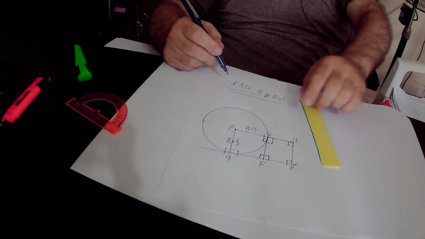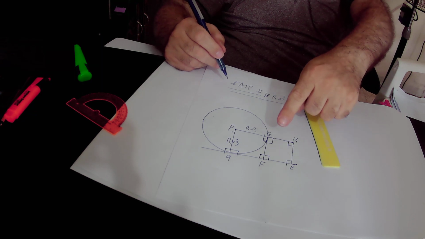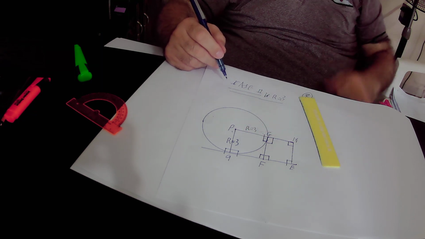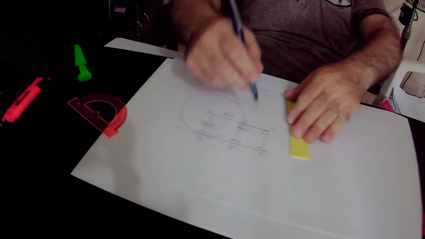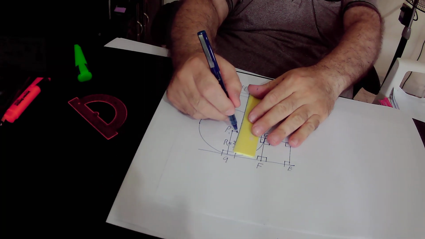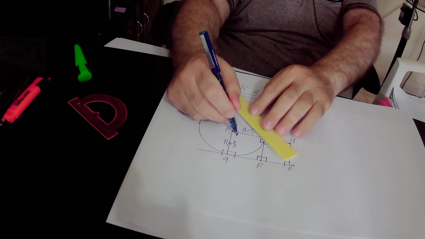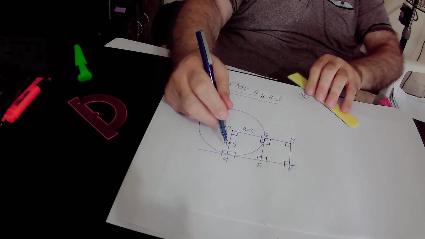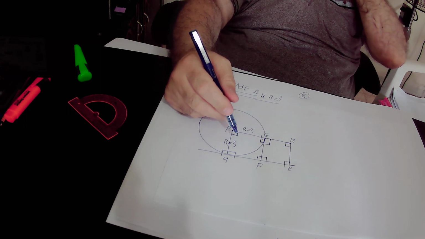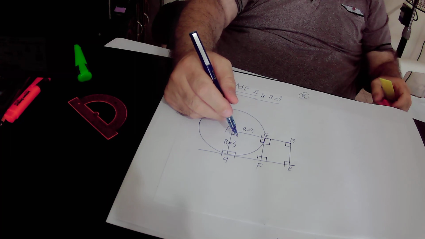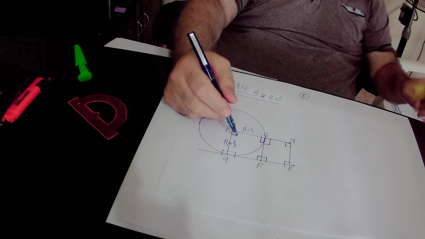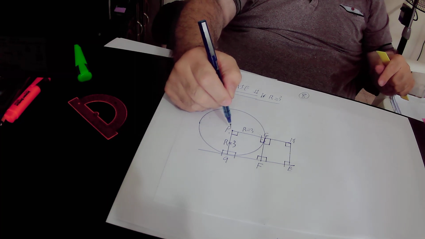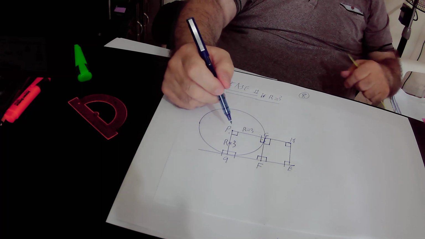So inside quadrilateral PGQF, we have 3 right angles. Therefore, the fourth angle must also equal 90 degrees. So inside quadrilateral PGQF, we have 4 right angles, and any quadrilateral that has 4 right angles must be at least a rectangle if not a square. So we identify quadrilateral PGQF as a rectangle.